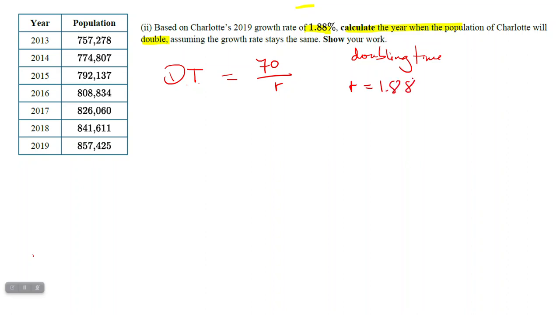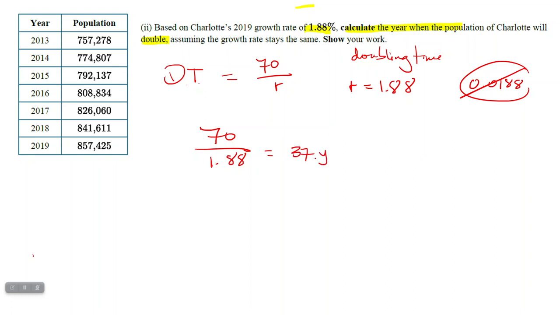So it's going to be 1.88, not 0.0188. You are not using the decimal version of your growth rate, you're using the percent version. So when you plug this in, all you really have to do is say, okay, 70 divided by 1.88, that equals about 37 years.